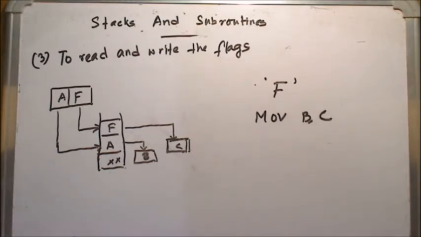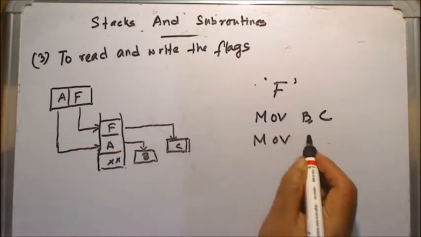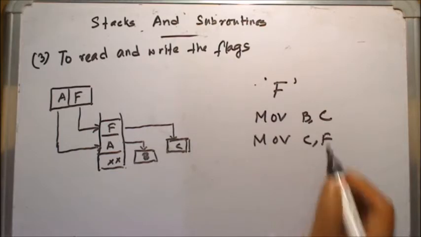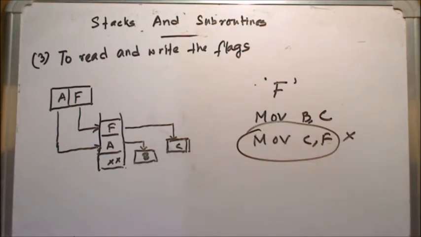Now I want the value of the F register into a register. I cannot write move C comma F, because there is no such instruction. So what to do? F is not directly accessible by the programmer. You already know.